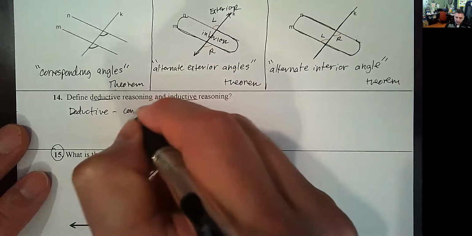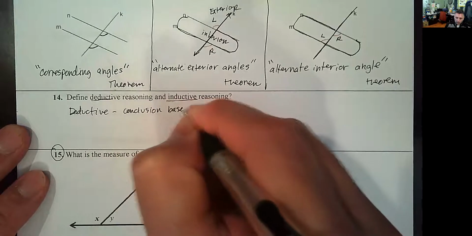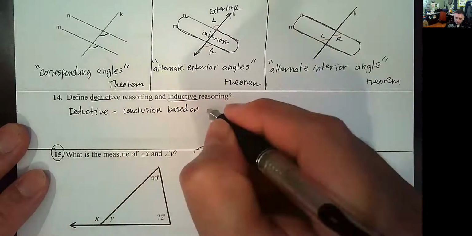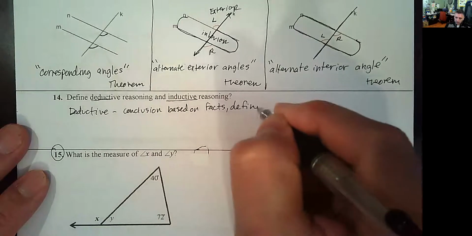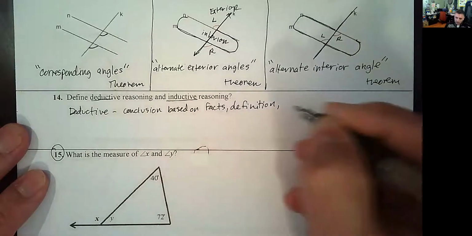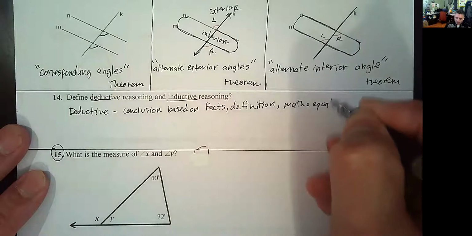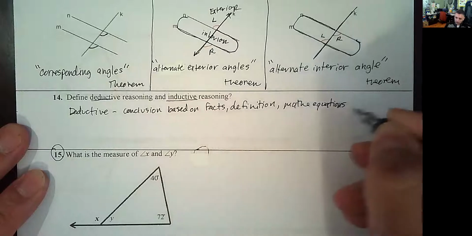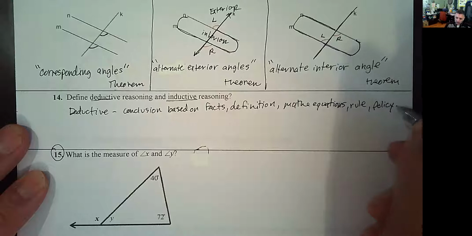It's basically when you make a conclusion based on facts, a definition. Sometimes they use math equations or a rule, policy, anything like that.